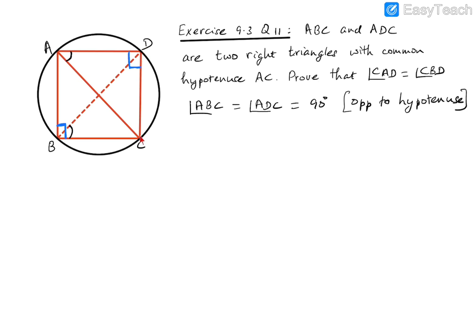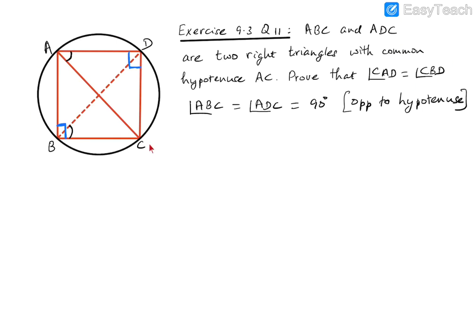So the angle ADC is the angle subtended by the lower semicircle on this side, and the angle ABC is the angle subtended by the upper semicircle on the upper side here. So this is where the circle comes in, because we have a 90 degrees angle opposite to the common hypotenuse AC. So we can treat this common hypotenuse AC as the diameter of a circle, and now we can go on to prove what we are asked to prove.